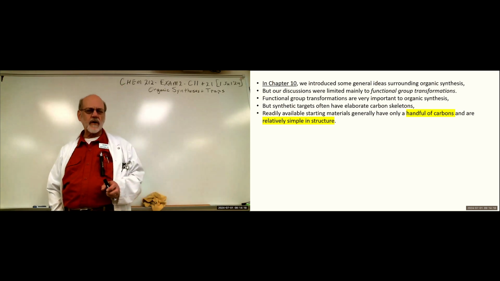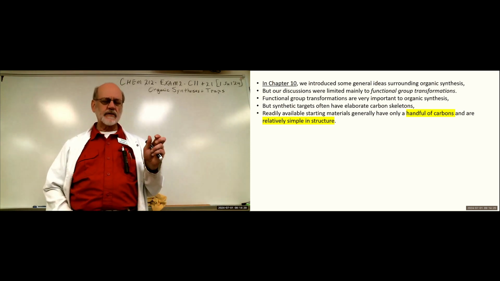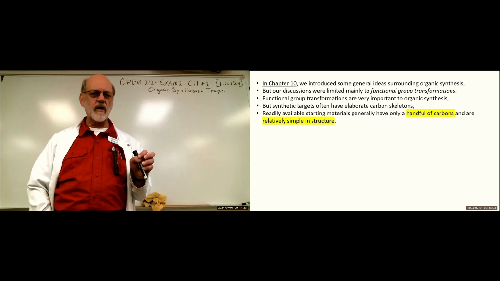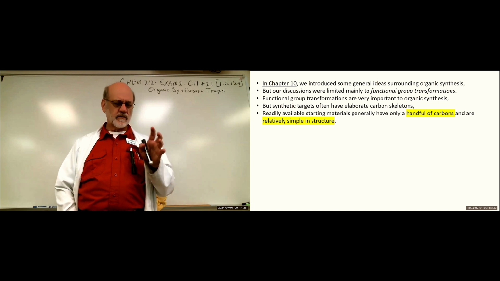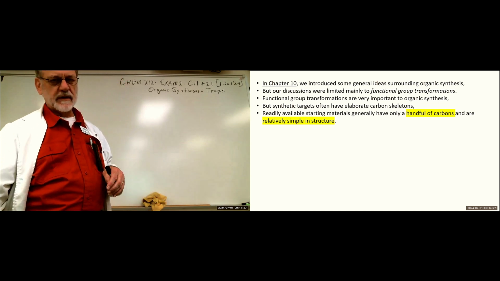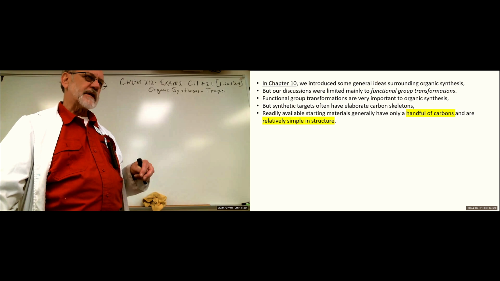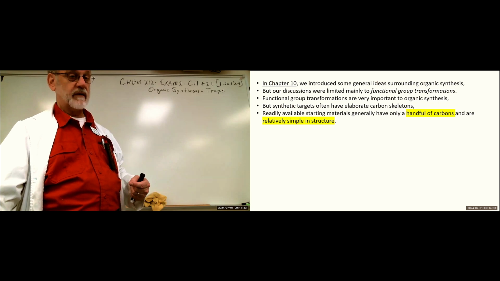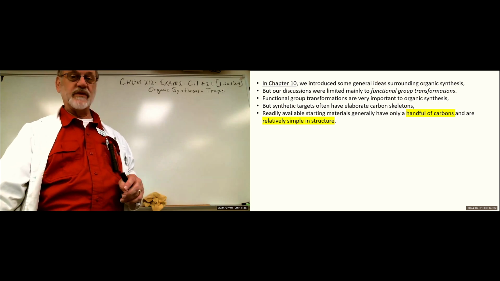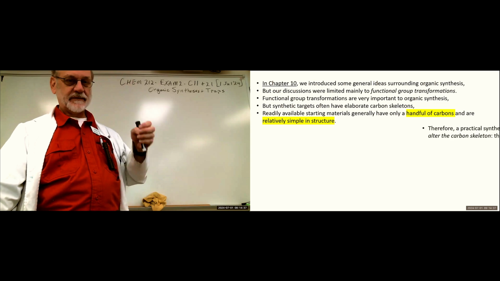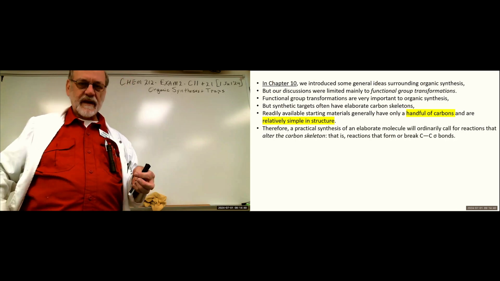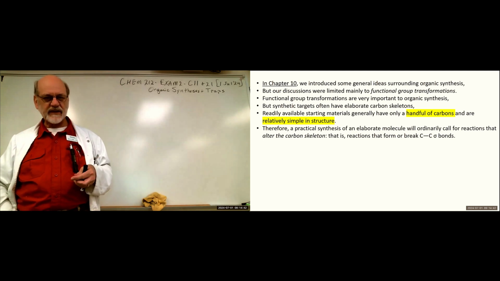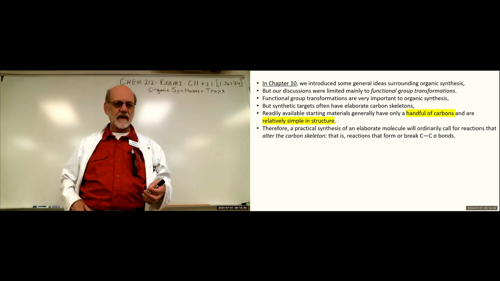So we've looked so far at starting materials that only have a handful of carbons and are relatively simple in structure. But a lot of the more interesting compounds are much, much bigger, with more carbons in them. So we need to extend the carbon skeleton.